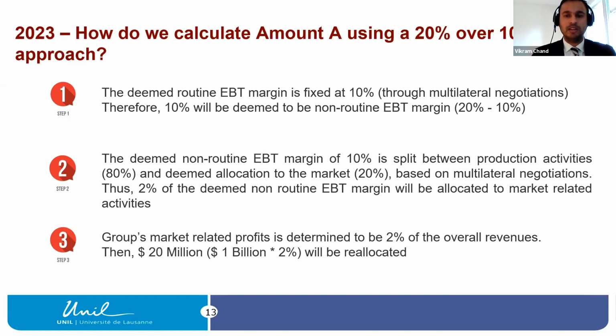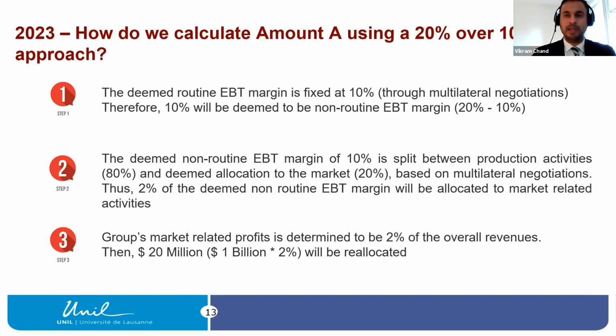So once you know that 2% is allocated to the market-related activities, then to determine the Amount A number, you would just need to multiply the 2% with the group sales, which is around 1 billion. So this would give us a figure of around 20 million, which will be up for reallocation. Now, the assumption that I've made here is a reallocation using a 20/10 approach.